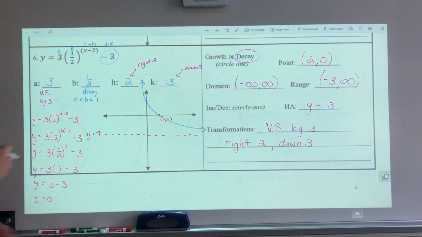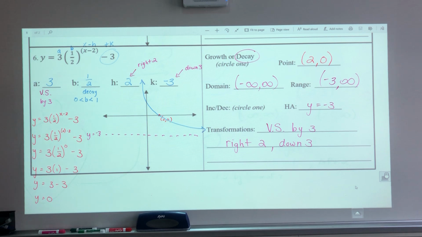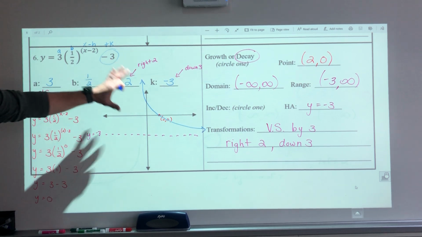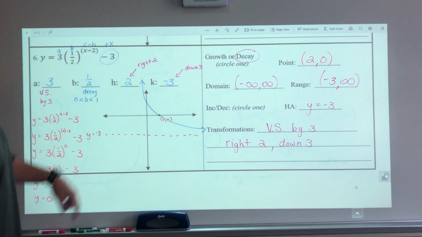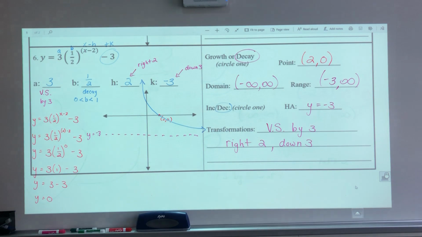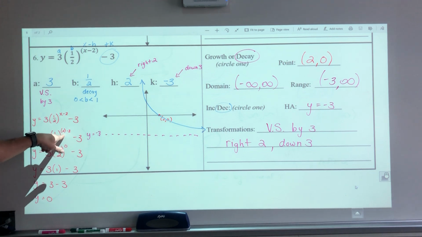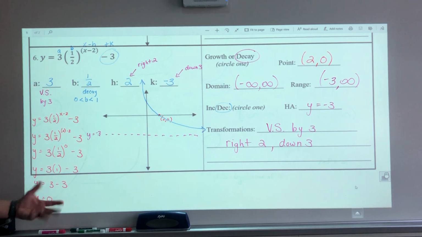Even if you don't have multiple points plugged in, you should be able to get to that understanding of where we're at. This is our decay. It is from left to right, decreasing. You should be able to identify these, manipulate this exponent to be 0 to find your baseline point, and then roll from there.